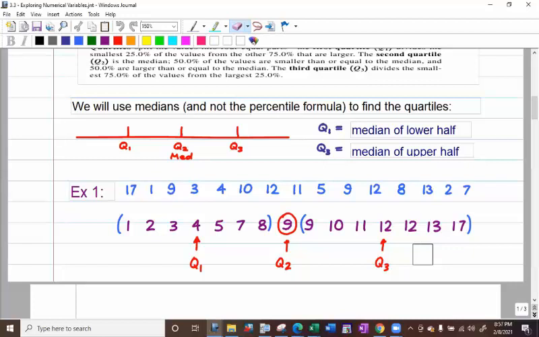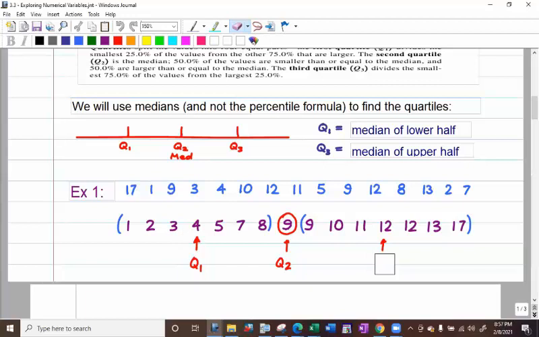Now, to find the other quartiles, I circle that. That's why I use these parentheses. We take this 9 that we found for Q2 and we ignore it. It's still the answer for Q2, and I put parentheses, meaning that we're only working with the lower 7 and the upper 7 now. So Q1 will be the median of the lower 7 numbers, which will be that 4 right there.